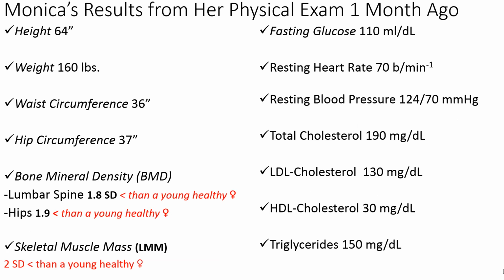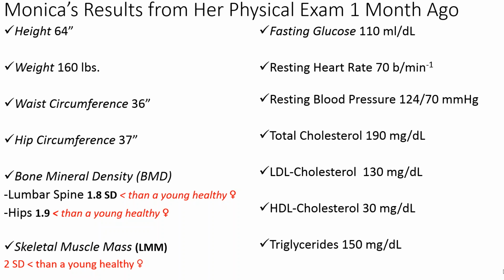So Monica recently had a physical exam a month ago, and these are the results of her physical examination. And you can see her height. She's 5'4" and weighs 160 pounds. She has a waist circumference of 36 inches and a hip circumference of 37 inches.